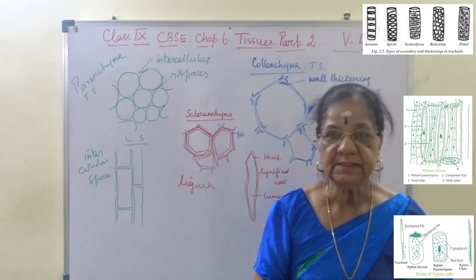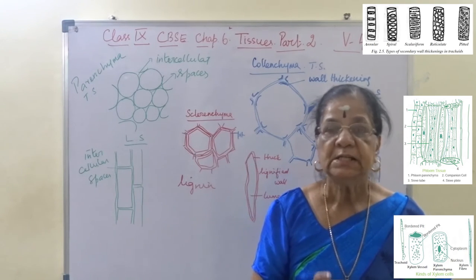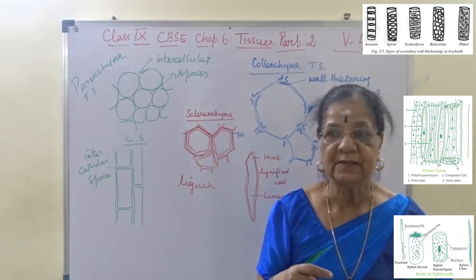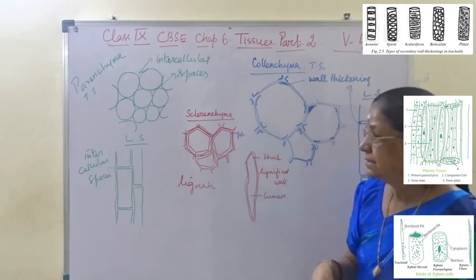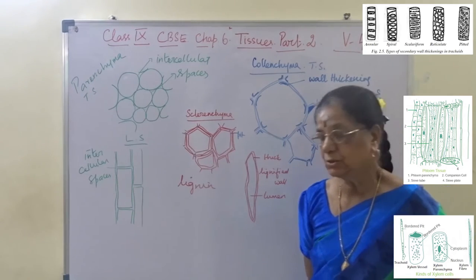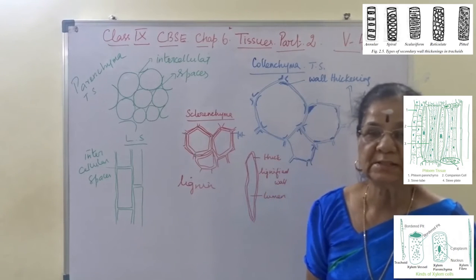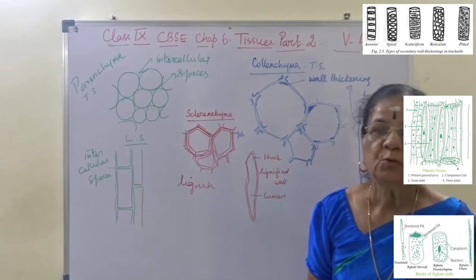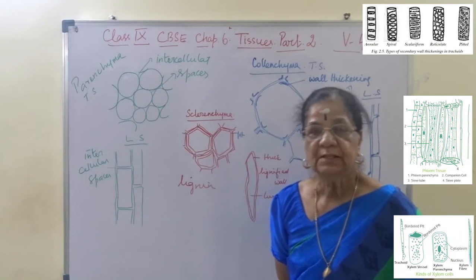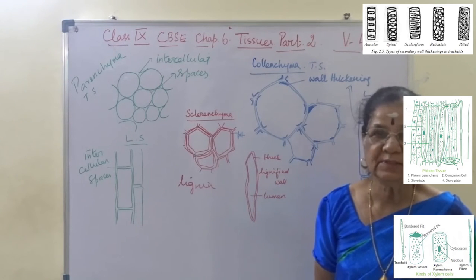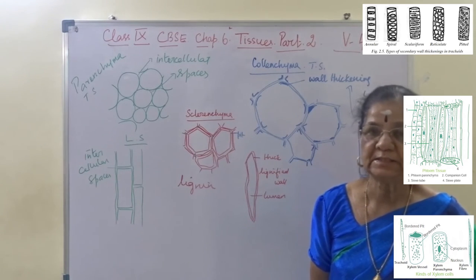And the sclerites are also known as stone cells. They are arranged in a lamellar structure. These stone cells are present in the fruit wall of pear and nuts, giving it a gritty nature.